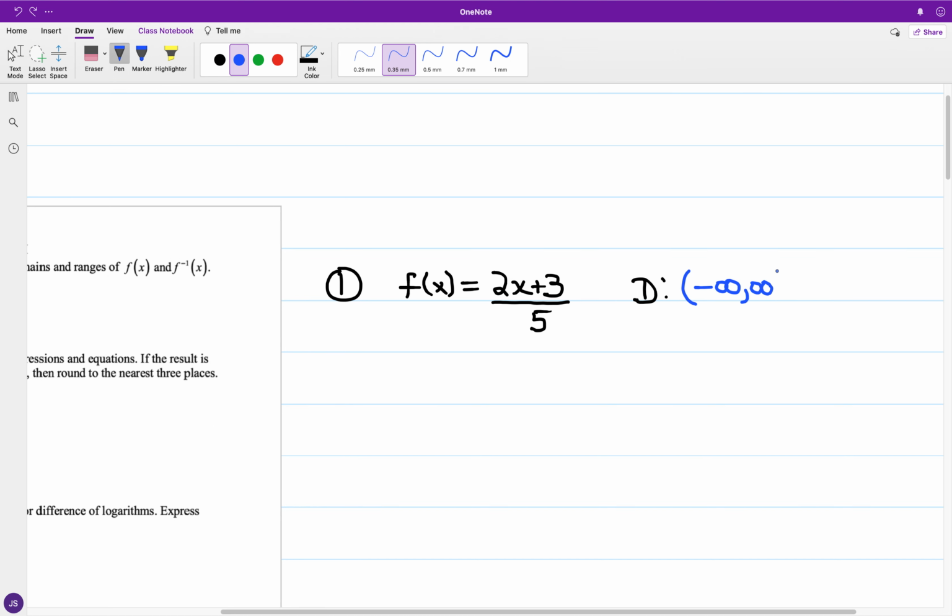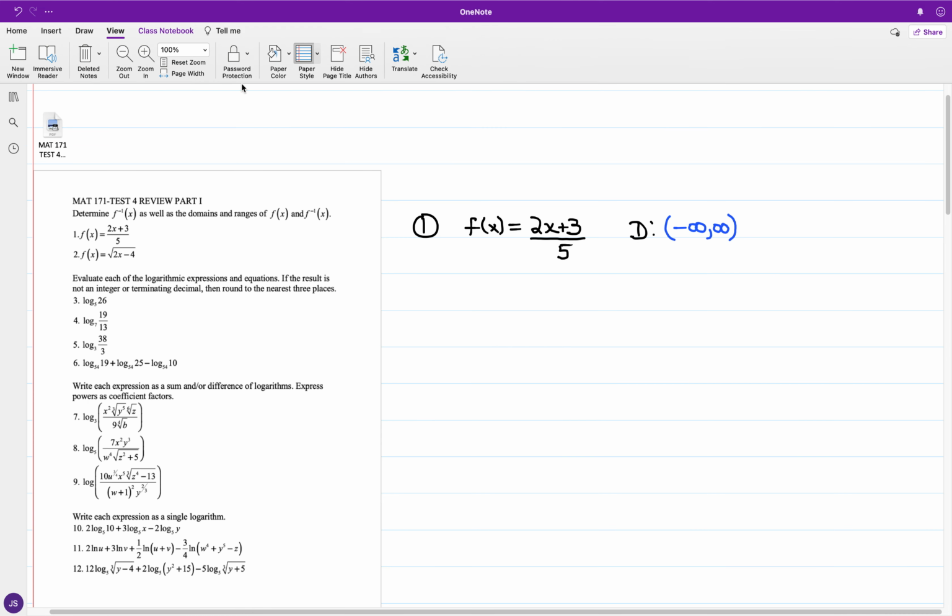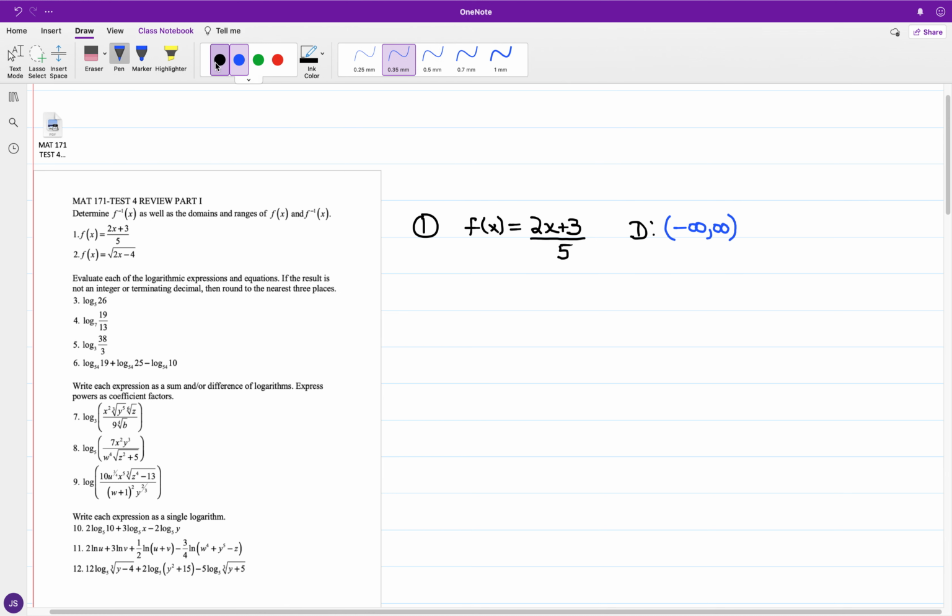And in the case of the range itself, y could be any negative, 0, or positive real number. So the range is also going to be the set of all real numbers.